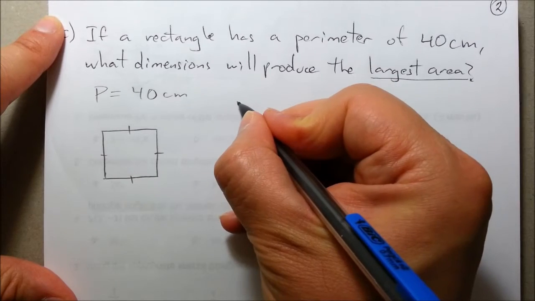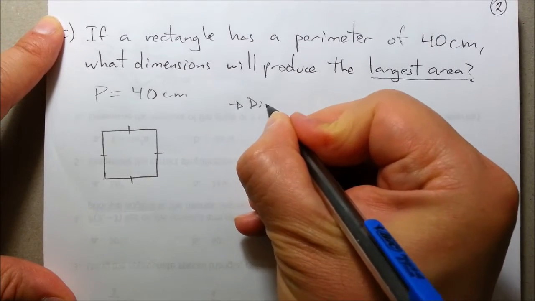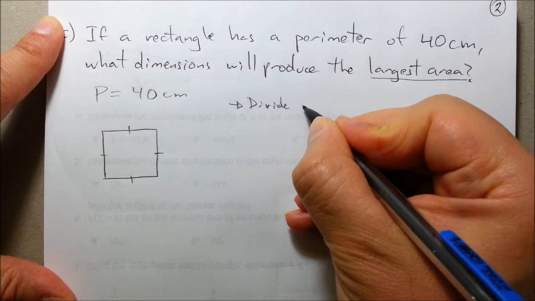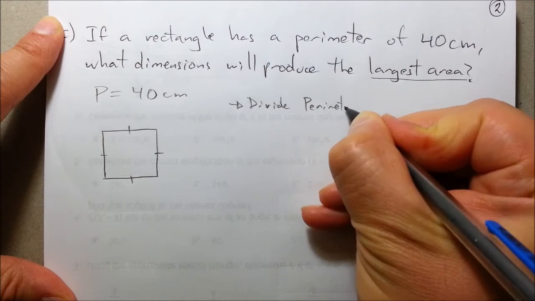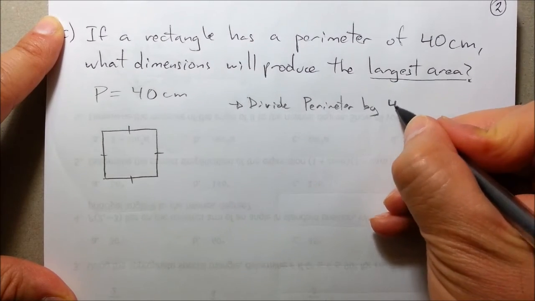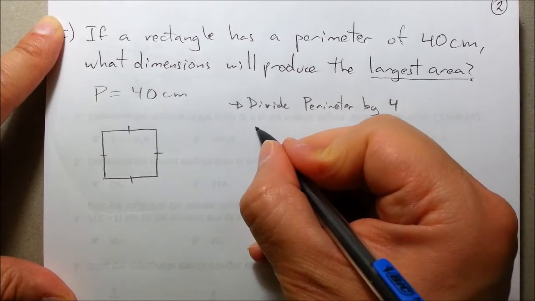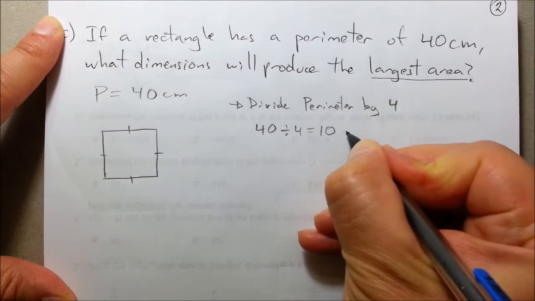Well, we need to divide the perimeter by 4, because that will give us the size of each side of this square. So 40 divided by 4, of course, we know is 10 centimeters.